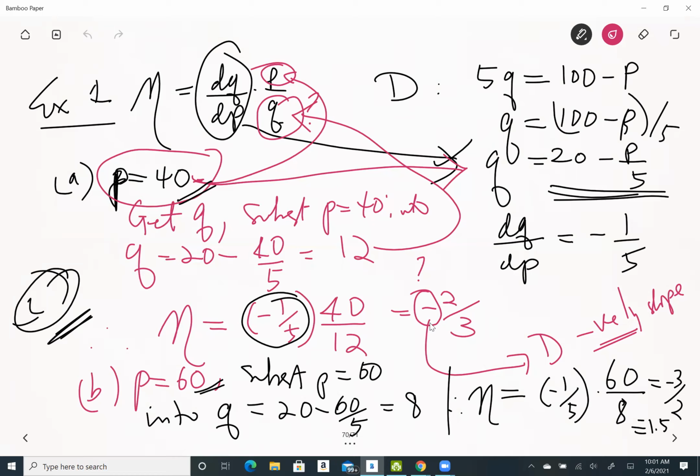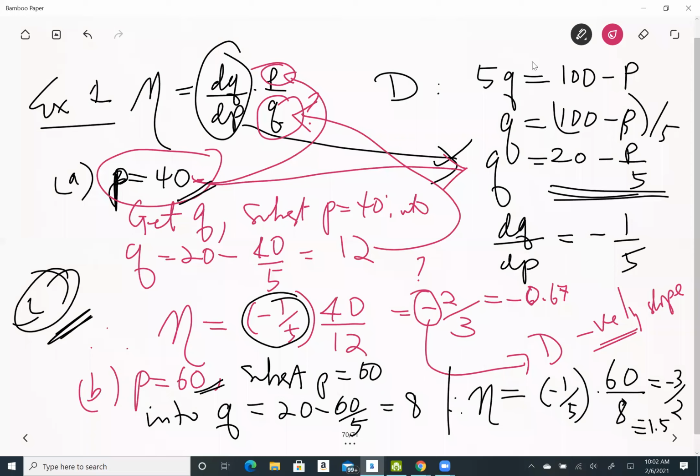It means that if the price goes up by 1%, then the demand will go down by 0.67%. So that is our interpretation. Or if the price goes down by 1%, demand will increase by 0.67%. That is the description of the price elasticity of demand.